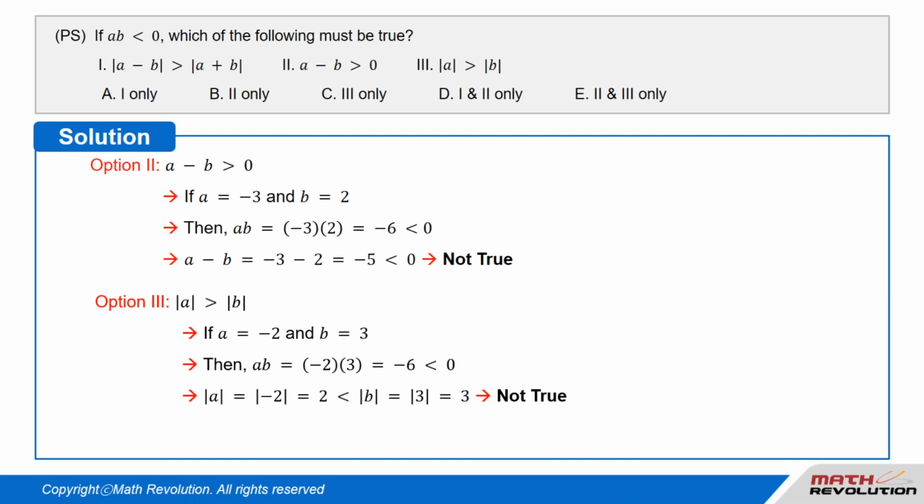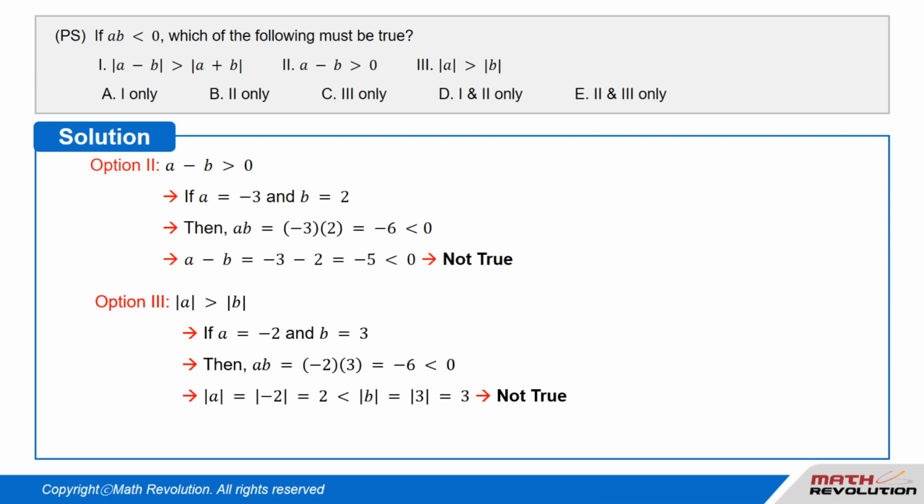Option 3. Absolute value of a is greater than absolute value of b. If a is equal to negative 2 and b is equal to 3, then a times b equals negative 2 times 3 equals negative 6, which is smaller than 0.